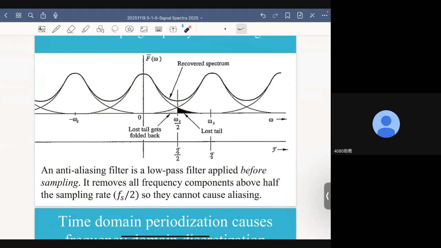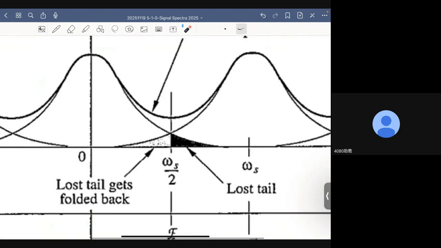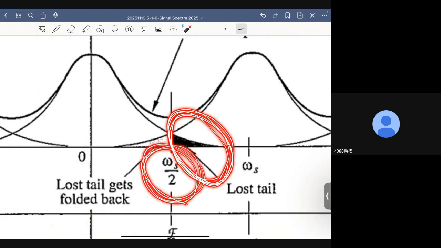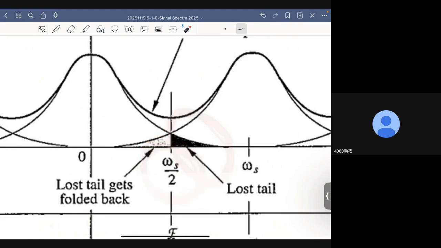Before performing any sampling operations, I use an analog circuit to perform low-pass filtering, which means any frequency components of the original signal located at a frequency band higher than omega s over 2, we simply remove them, okay?